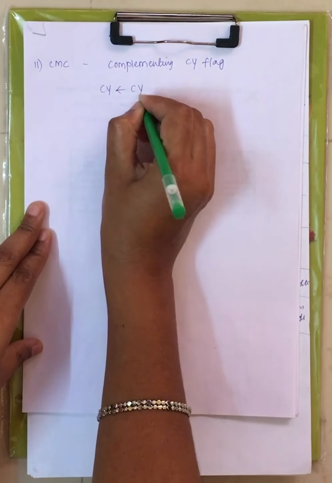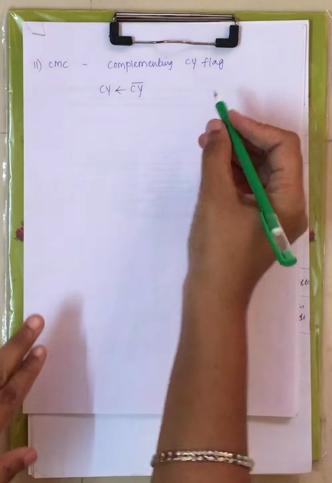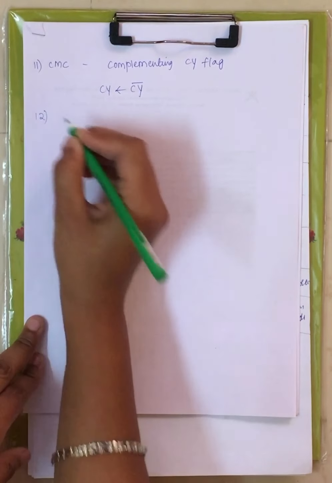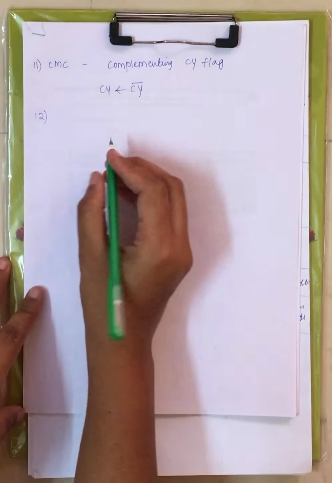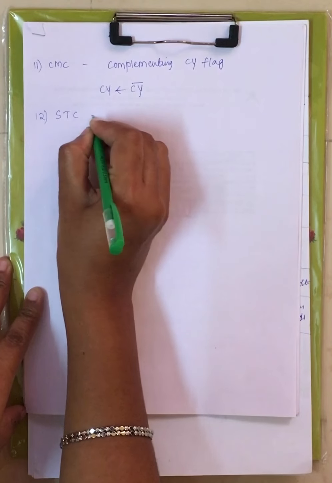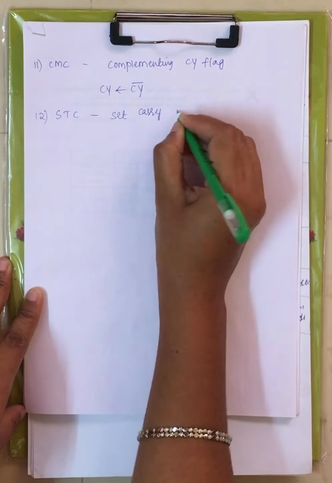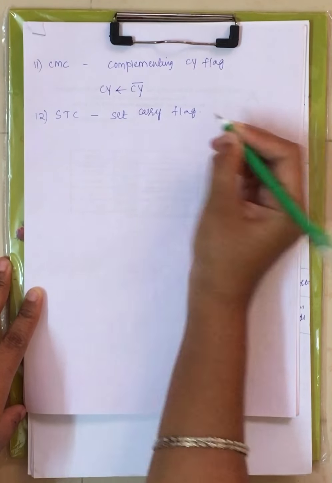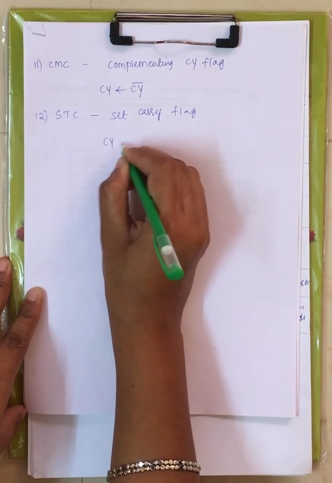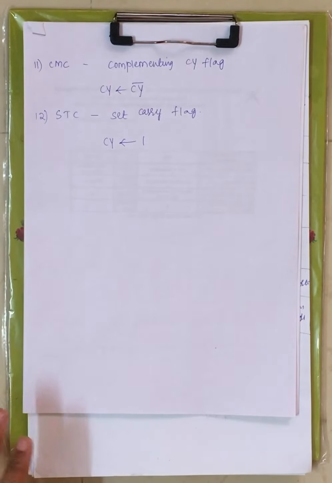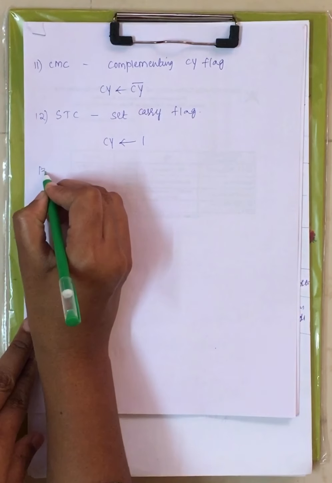If the carry flag is 0, by CMC it will become 1. If it is 1, by CMC it will become 0. Now coming to the 12th instruction, we have STC. This is set carry flag. Set means it indicates the carry flag is set to 1. Now this is about the 12th instruction.